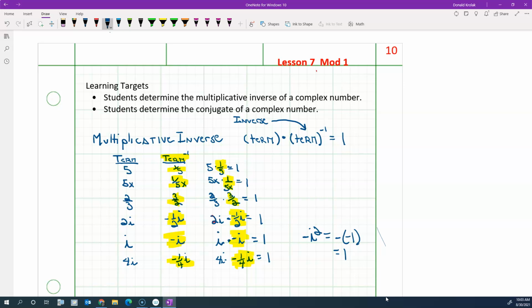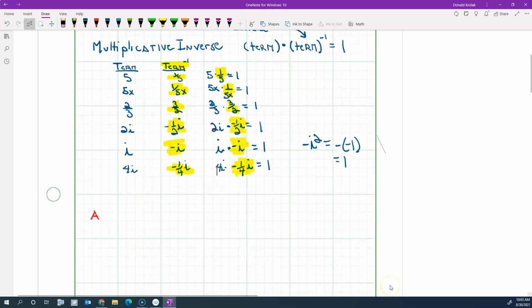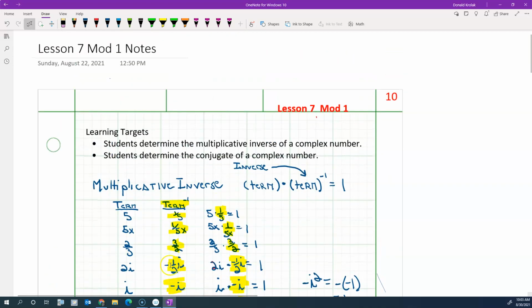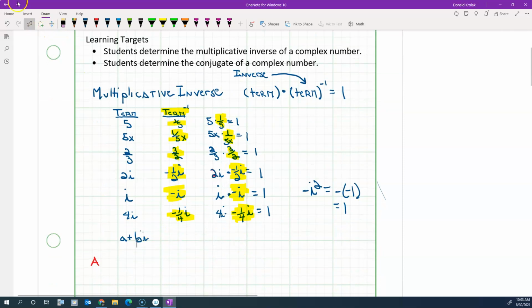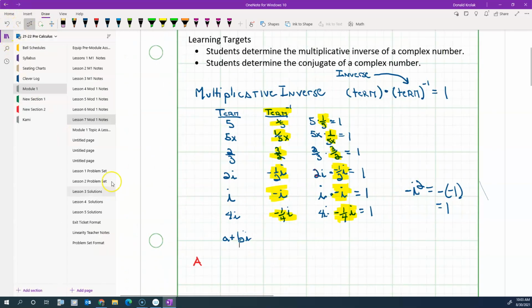Okay, then what if we combine these things? 3 plus 4i. Well, actually, let's do it like this. Let's do a plus bi. And this is what we did the other day. Okay, so when we did this on the assignment, let me go back, let me find that.